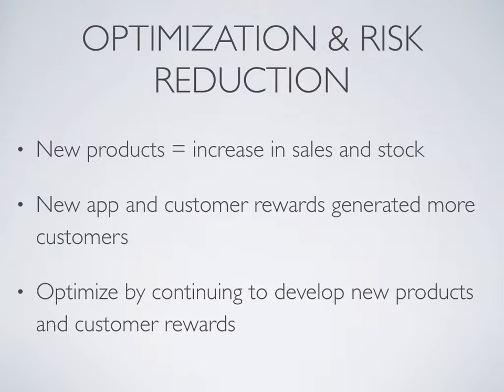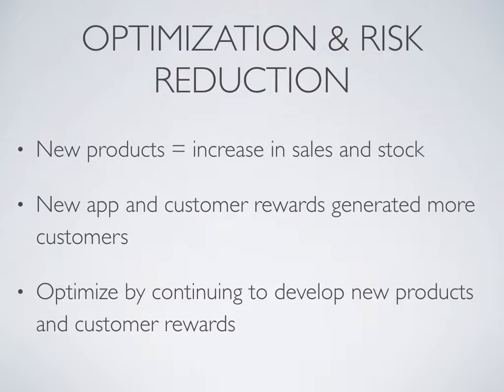Optimization and risk reduction. When I was reviewing all of the data with Starbucks, what I noticed was that anytime they have a new product line or additional product, they actually increase their sales, and obviously their stock goes up at the same time. When they got their new app and provided customer rewards, that also generated more customers. Customers always like to see products that give them a return in some sort of way.